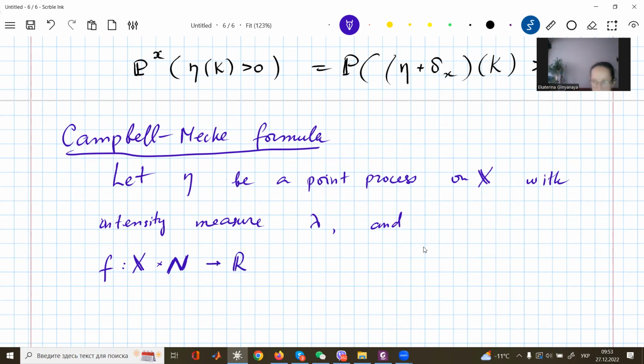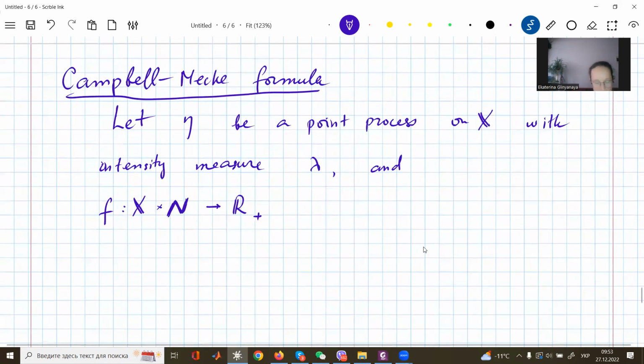So let's take non-negative in order to guarantee that all integrals exist, and be a measurable function.